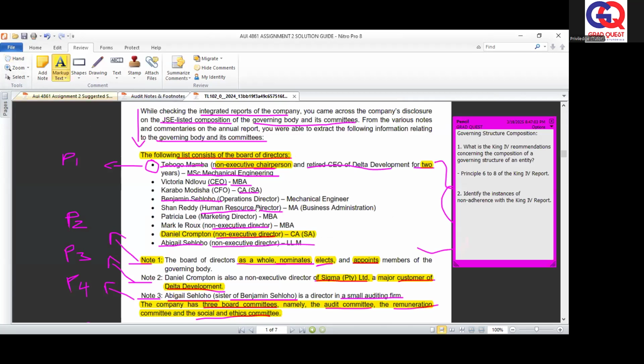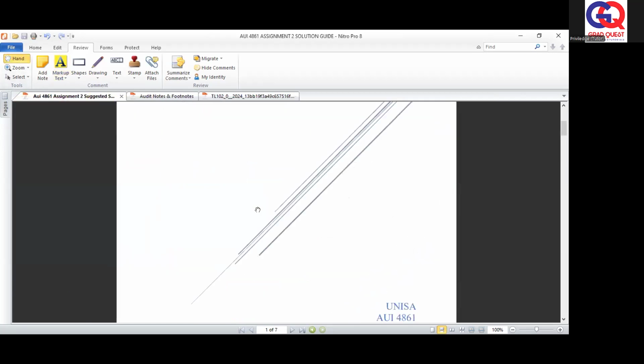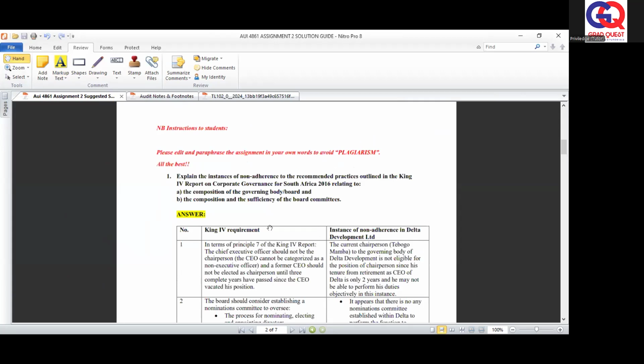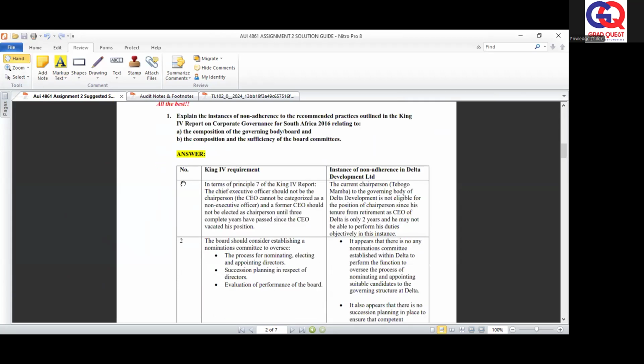All right, so when I was given the guide, this is what I portrayed. In the first column, like I mentioned earlier, this is where you point out the number of the instance that you've identified. And on the other columns, this is where you indicate the King 4 recommendation that has been violated, and then on the other side, the instance of non-adherence.